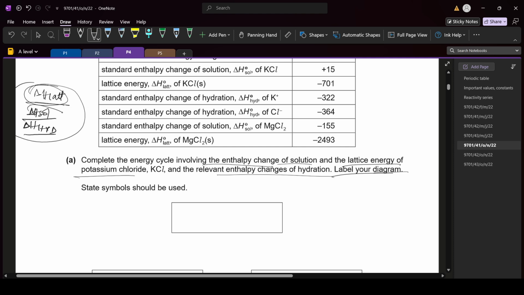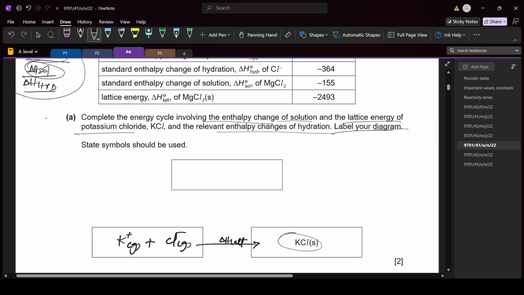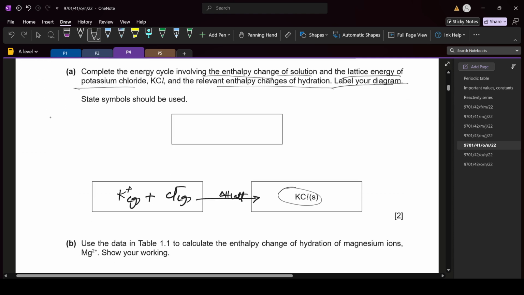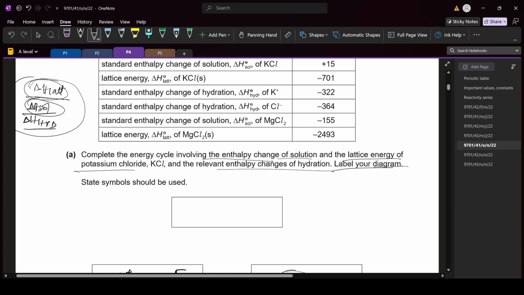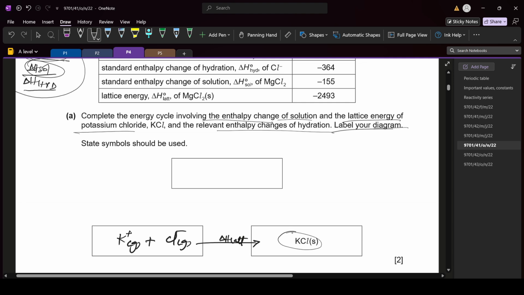Now the enthalpy change of solution. It is the enthalpy change when 1 mole of ionic solid dissolves in water to form an infinitely dilute solution. When potassium chloride dissolves in water, it dissociates into potassium ions and chloride ions in aqueous form. This is the enthalpy change of solution.